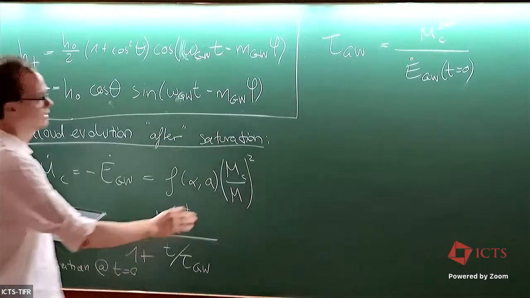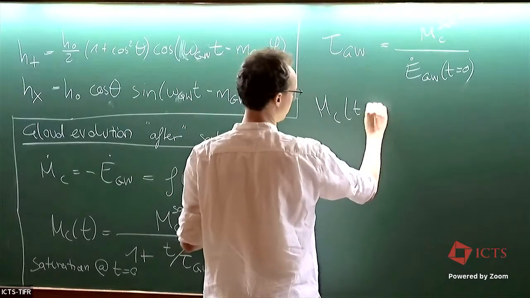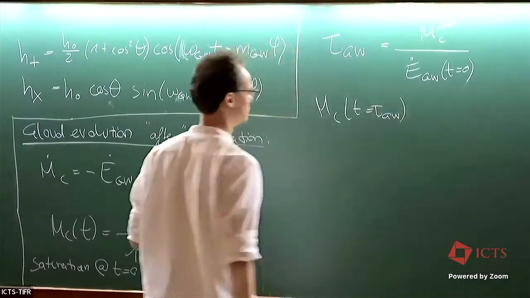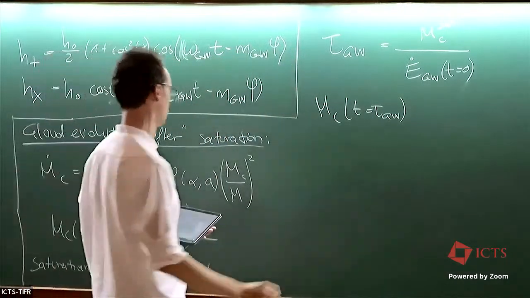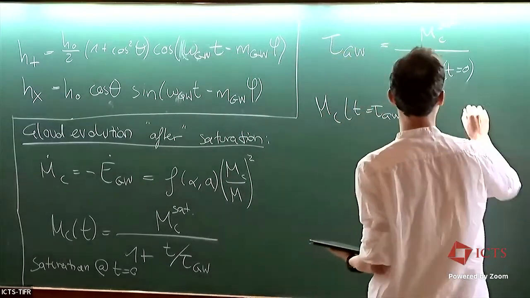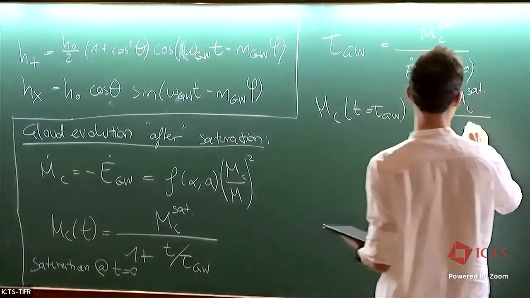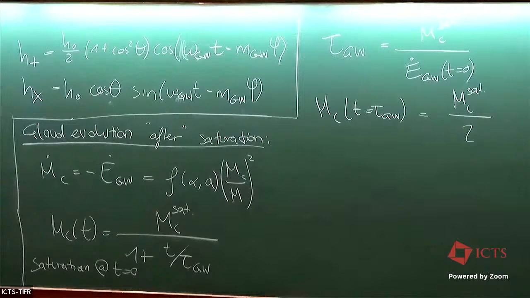So how to understand this time scale? Basically, the cloud mass at a time of one time scale, plugging this into the expression down here, is equal to the saturation mass divided by 2. So after 1 tau GW, the mass contained in the cloud is exactly 1/2 of what it was originally.